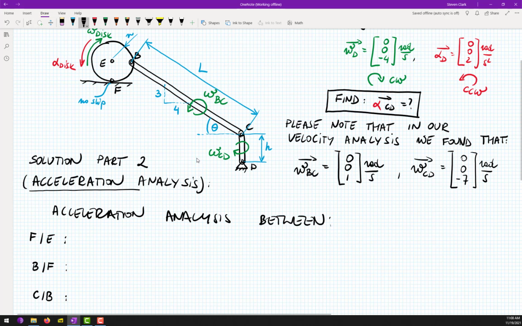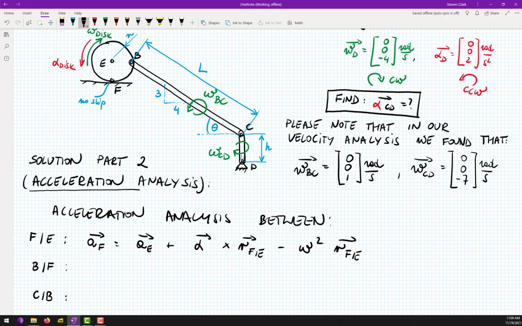Let me write our expression from the previous board. AF is equal to AE plus alpha of a certain body, think which body that is, RFE, minus omega of a certain body squared, RFE.